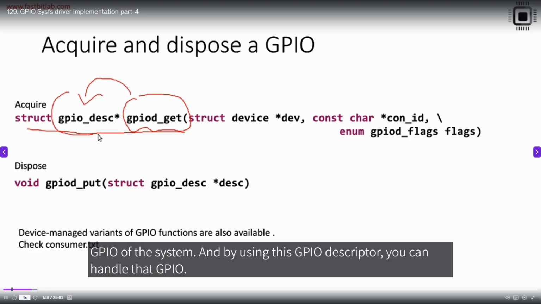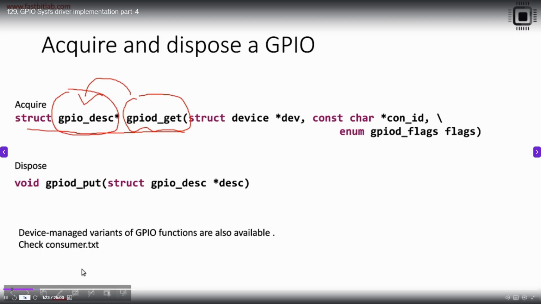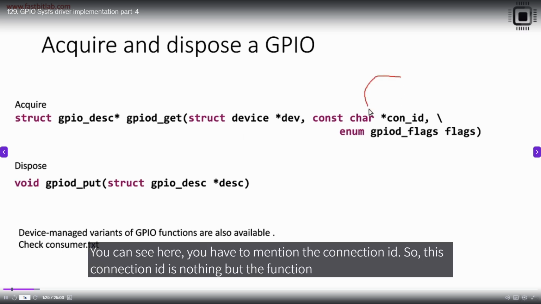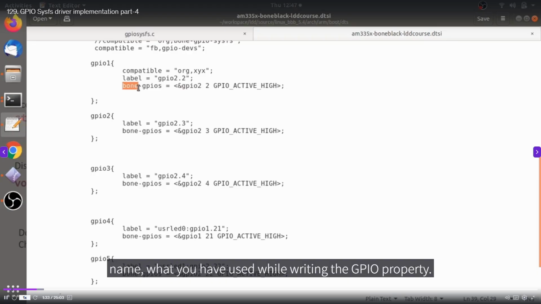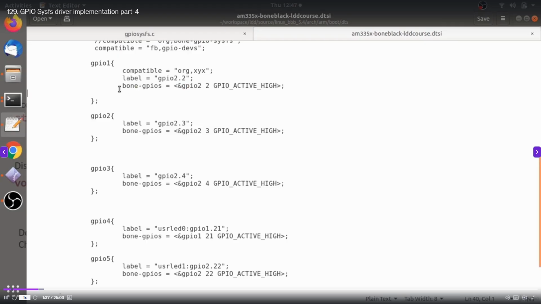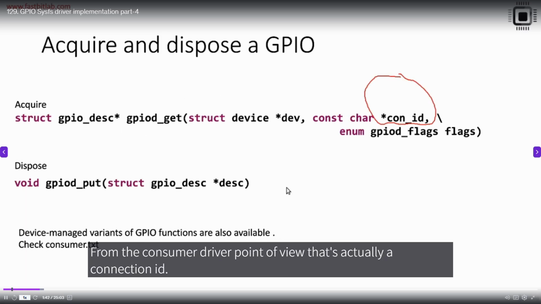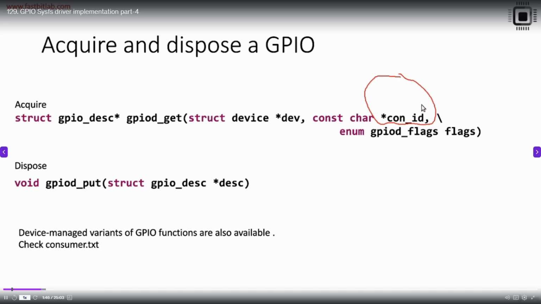By using this GPIO descriptor, you can handle that GPIO. You have to mention the connection ID. This connection ID is nothing but the function name you have used while writing the GPIO property. Here bone is a function name. From the consumer driver point of view, that's actually a connection ID.